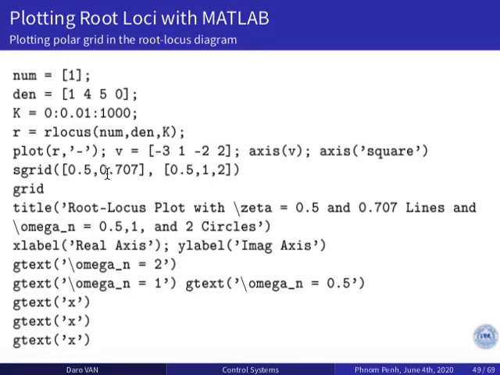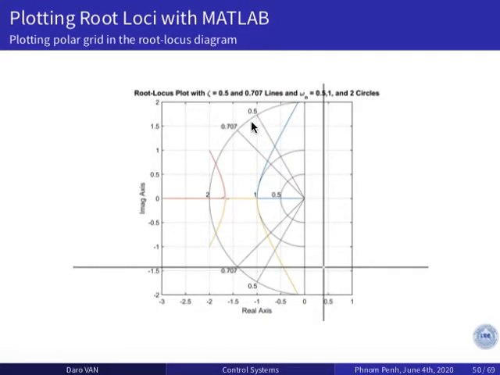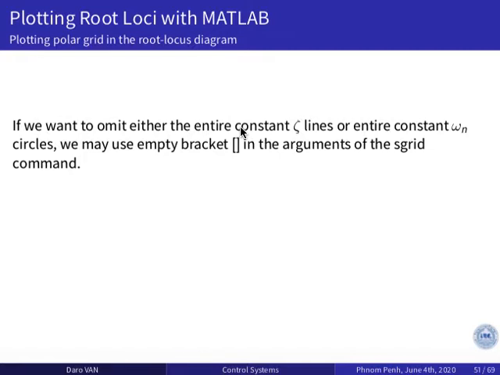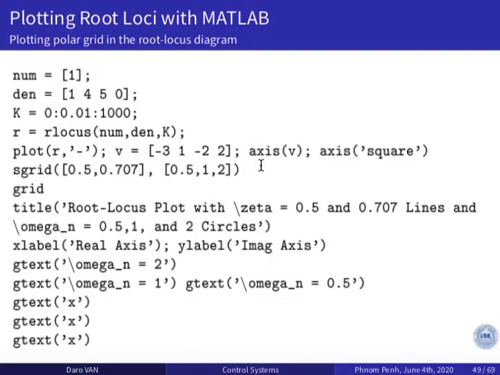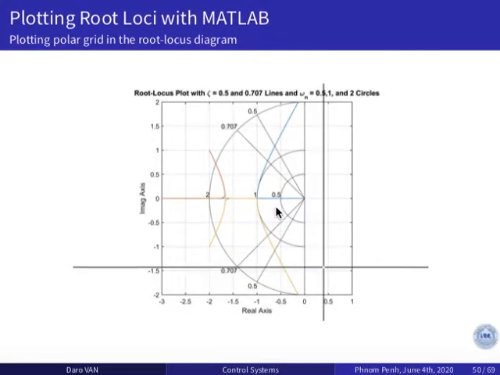Zeta is 0.5 and 0.70, and omega n is 0.5, 1 and 2.